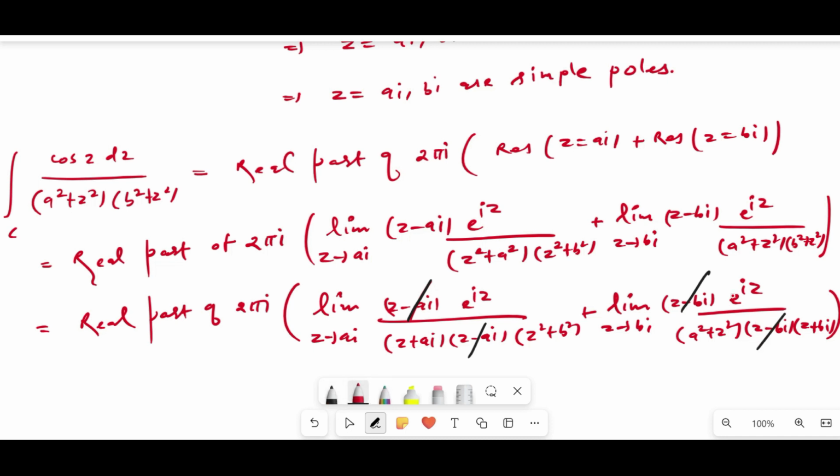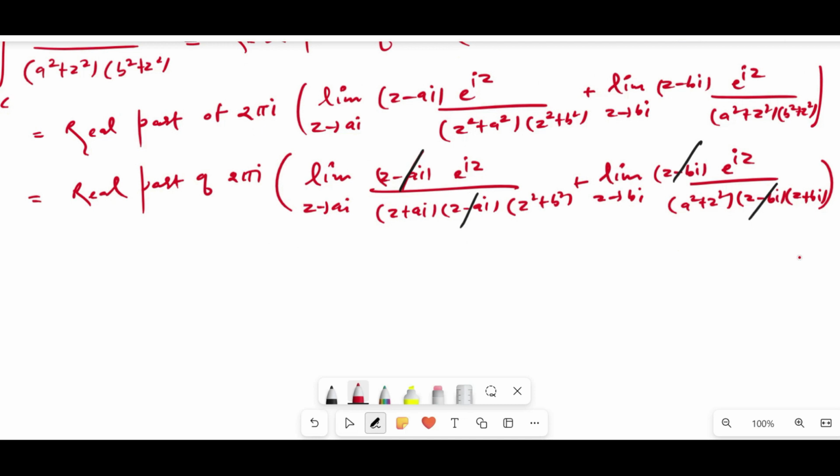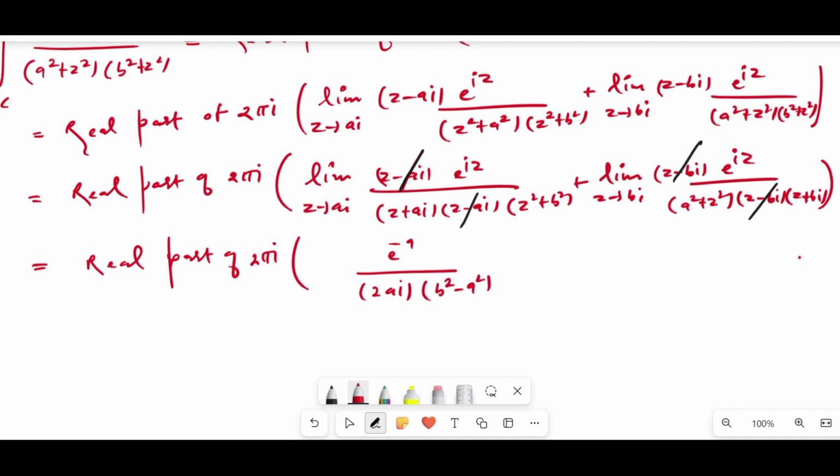So further we can write that is the real part of 2 pi i times, substituting the limits here, e to the power of negative a over 2ai (b square minus a square), plus e to the power of negative b over 2bi (a square minus b square).